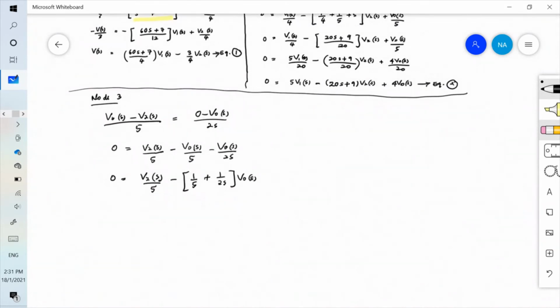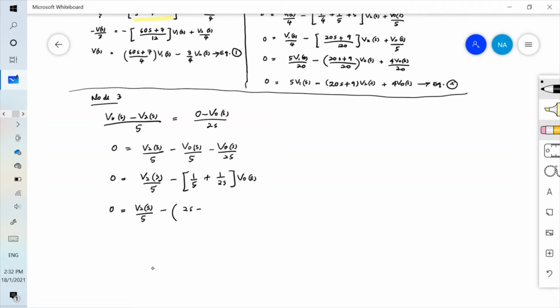Now you have a common V0s term, so put it together. And you will get an equation of 0 equals V2s over 5 minus (10s plus 5) ... is 2s plus 5 divided by 10s.